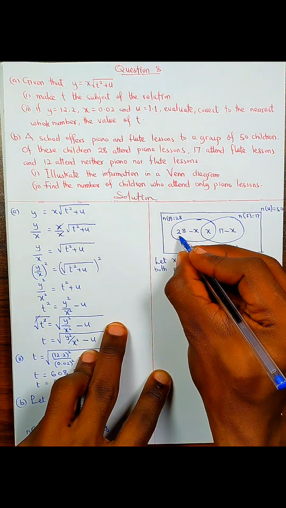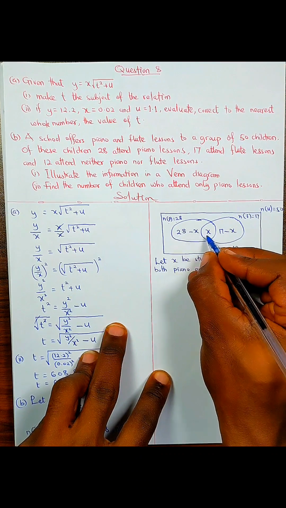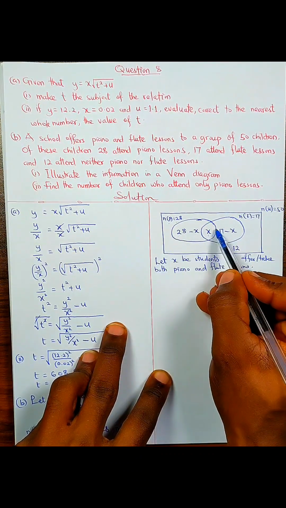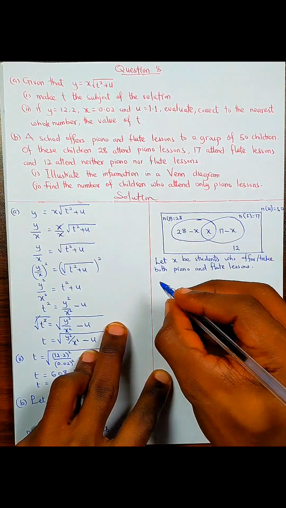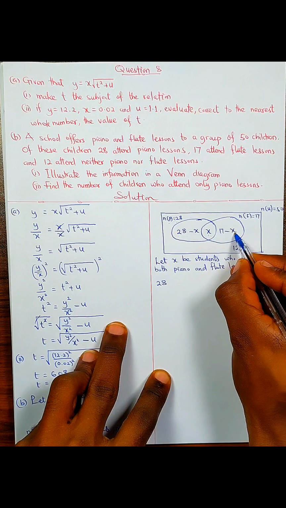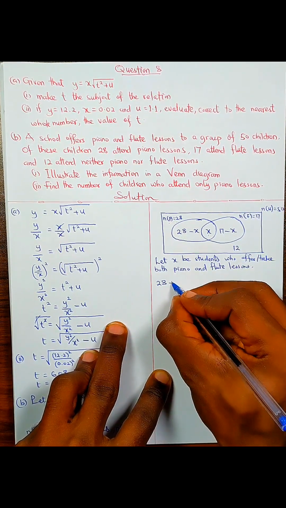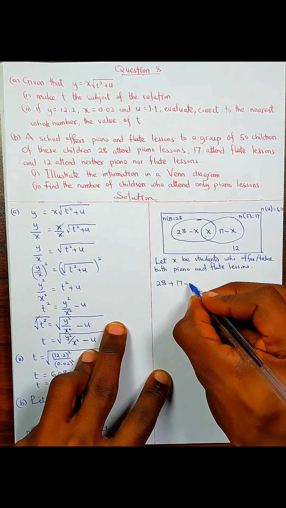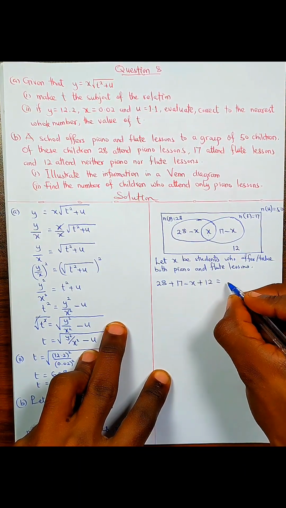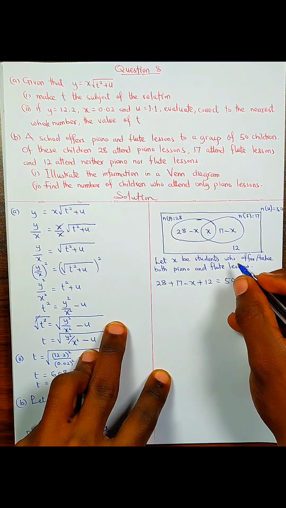So you're going to get 28 minus X plus X. But to make it simpler, we know that the total here is supposed to be 28. So we will just take that total, 28 being the number of piano, then add just this and that: 28 plus 17 minus X, then plus the 12 should give us 50.